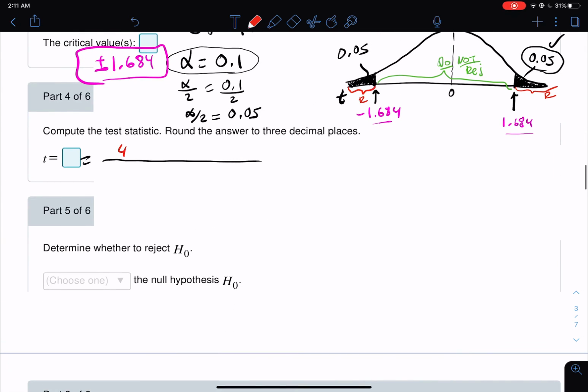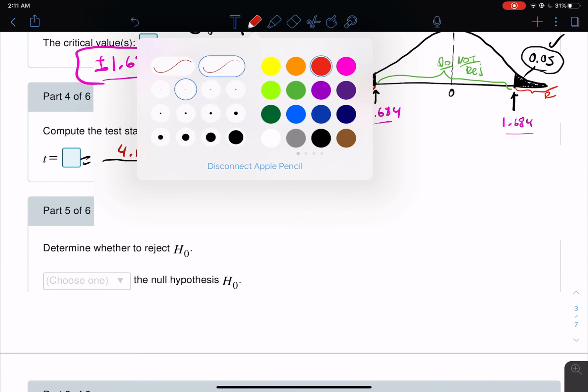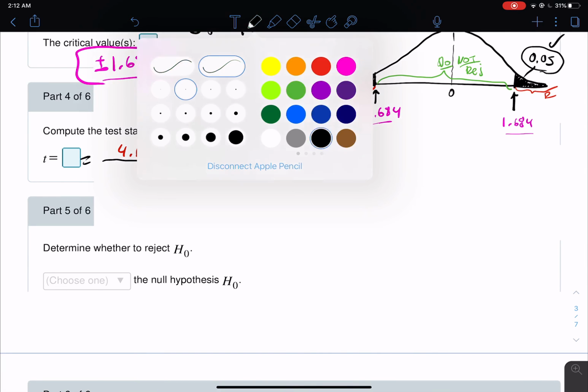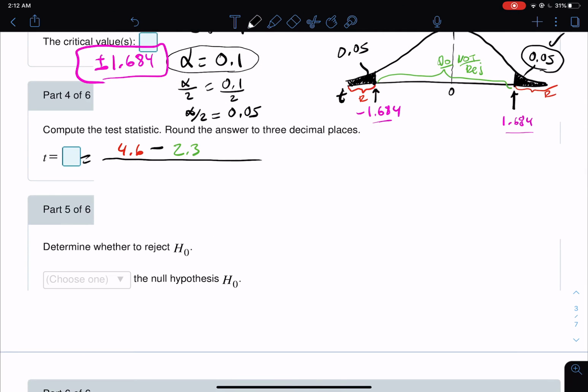So, I already forgot, 4.6? Yeah, okay. So there's that information. We have 4.6, which is the sample mean, and then we have our sample mean from the second population, which is 2.3. We have to find the difference of those two values, so subtract them. Down below, we're going to have a fraction that gets squared plus a fraction that gets squared, and we take the square root of all that and then find the quotient.